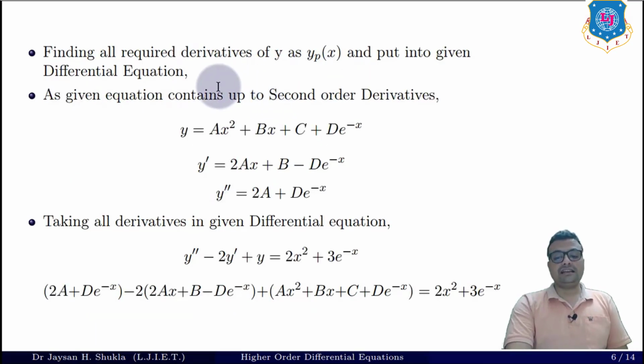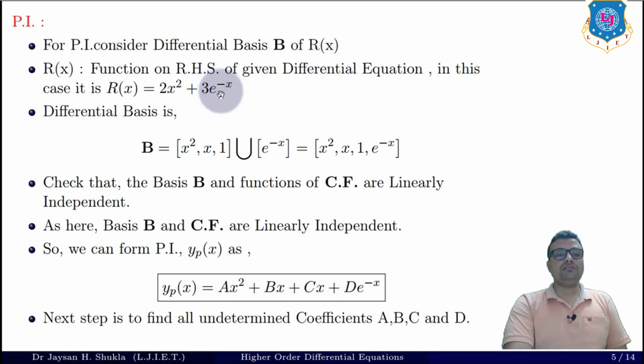Now, as there is addition between these two, I am taking the union of these two differential bases. If there is subtraction or addition between two functions, we should take the union of differential bases. So it gives me x square, x, 1 and e raised to minus x as the differential basis. Now this is the basis of Rx.